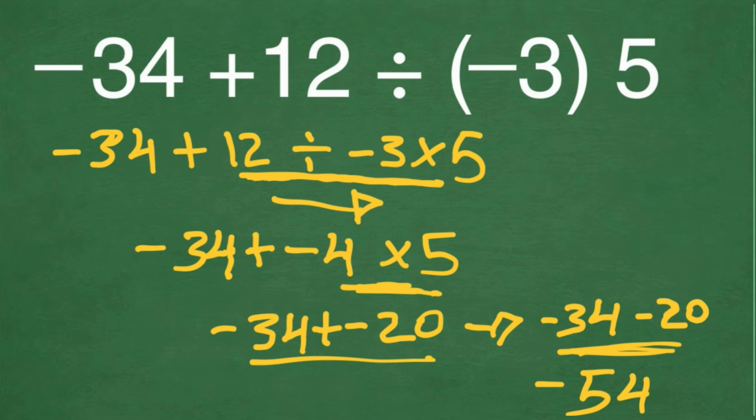Then we solved the multiplication, -4 times 5, which gave us -20. And finally, we solved the addition, -34 plus -20, which gave us -54. That is the correct answer. And that is the power of following the order of operations. It gives you the correct answer every single time.